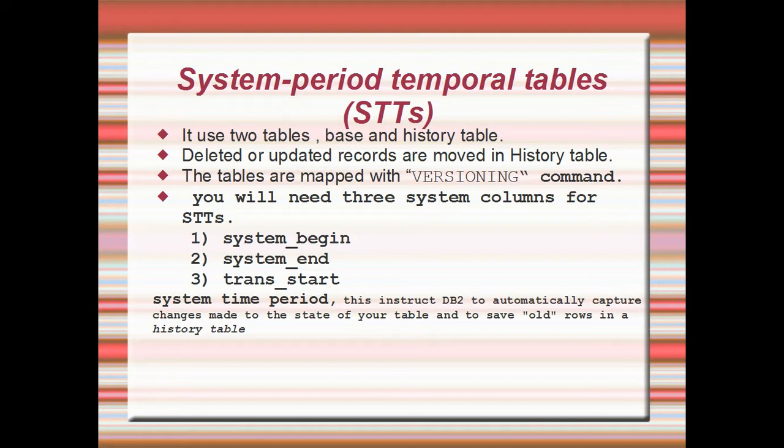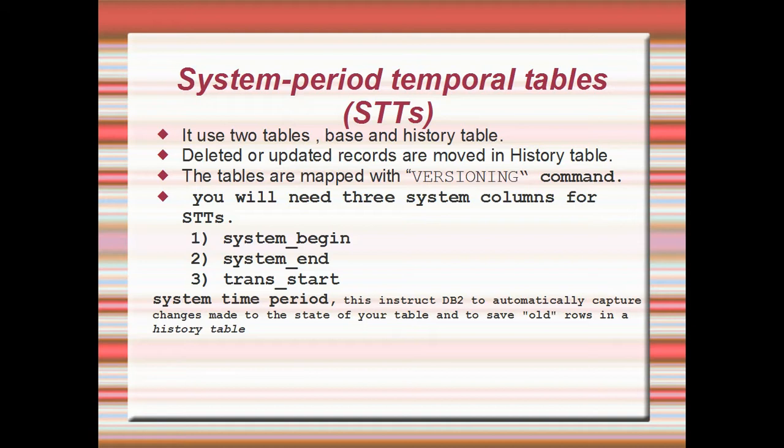For creating this STT type of table, you need to declare these three columns: system begin, system end, and transaction start. And there is a new function, system time period.